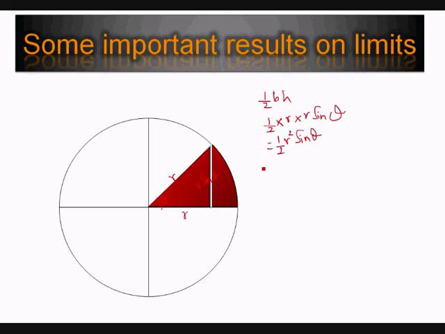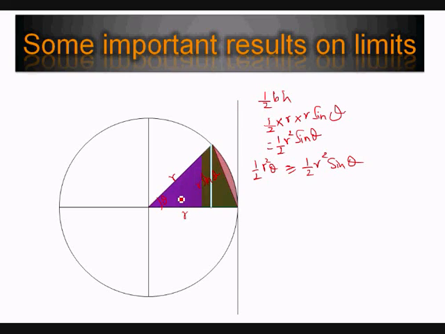The area of the sector is half r square theta, which is the area of the red sector. Now we can see that this half r square theta is greater than or equal to half r square sine theta. That is, the red sector is a bit more than the green triangle. Therefore the areas are compared in this way.